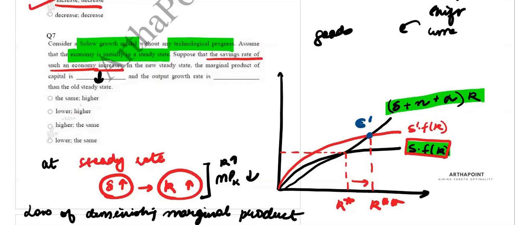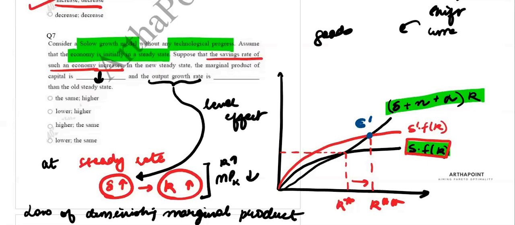And we also talked about an important fact. And the fact is that output growth rate is never affected by savings. Savings always has a level effect. It increases the amount of capital and output in the economy, but it does not affect the growth rate of capital in the economy.